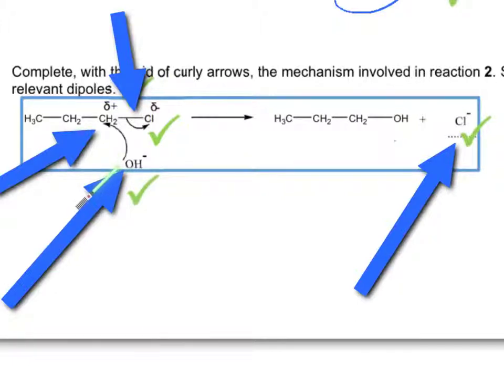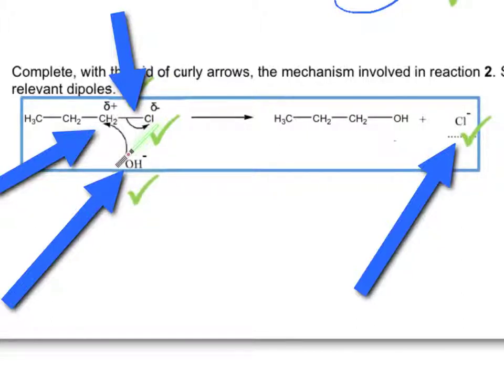You also need to remember the direction of the curly arrow. It always originates from the center of negative charge and always goes towards the positive charge or the partial positive charge. Same situation here, originates from electron source or the covalent bond in this case, and going towards the electronegative element, which is chlorine.